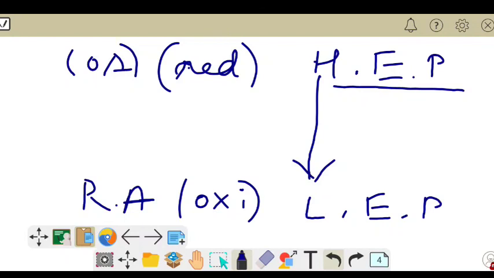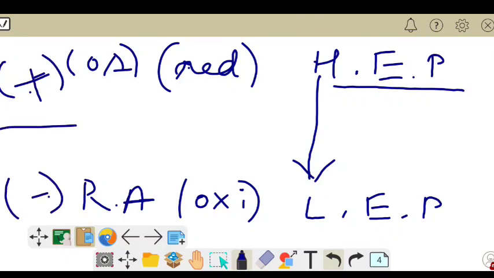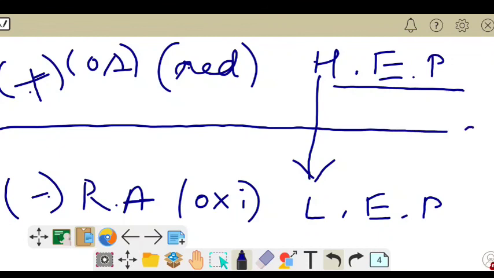The substances which have lower electrode potentials are strong reducing agents, while those which have higher electrode potential are stronger oxidizing agents. So this side it was what? Positive, right? And here it is negative. In between there will be one element where you'll get 0, because in a graph between positive and negative, what is there? 0 is there.